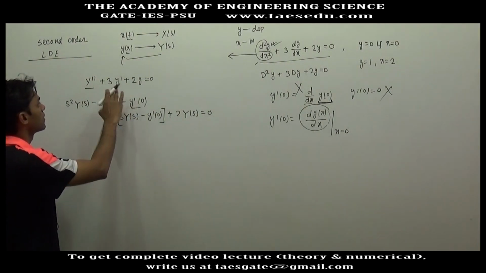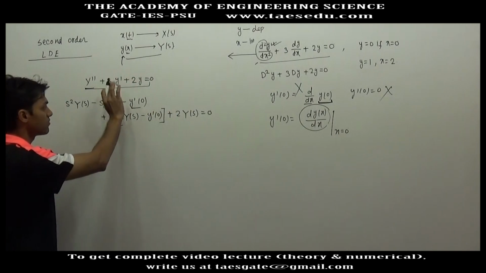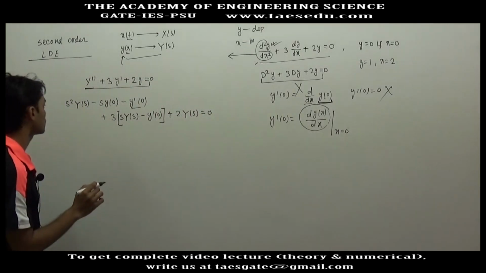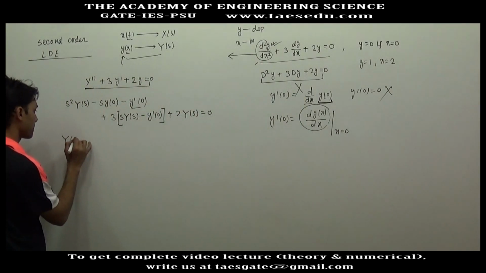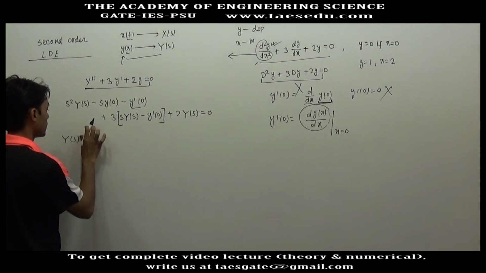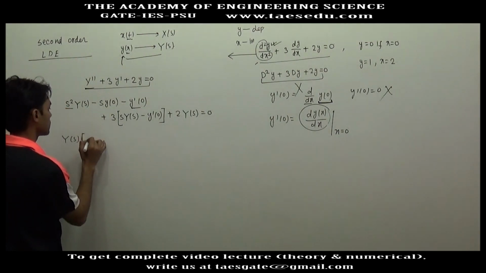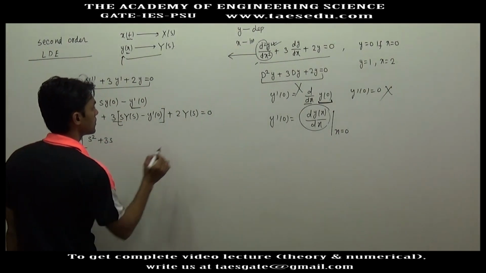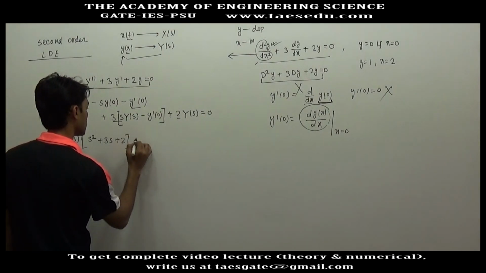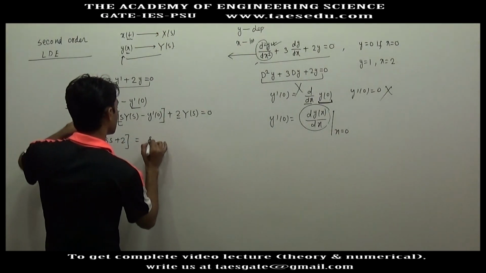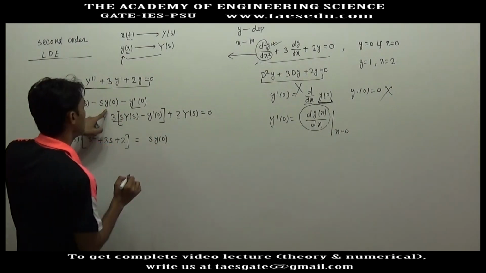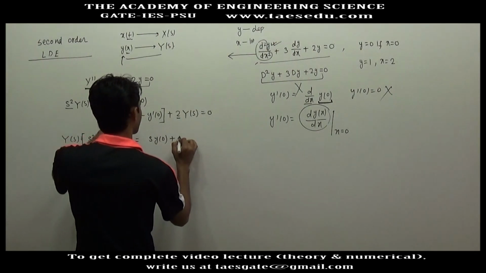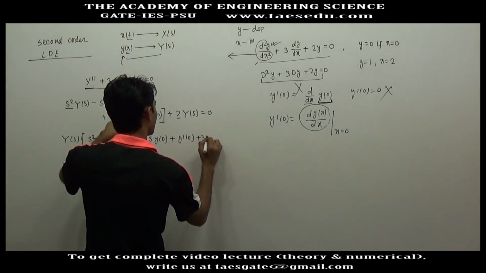What we are doing here is solving this differential equation using Laplace, and we have to observe this type of equation. If we take y as common, we have s square, 3s, and 2 equal to, on the right hand side, s y0 plus y dash 0 plus 3 y0.